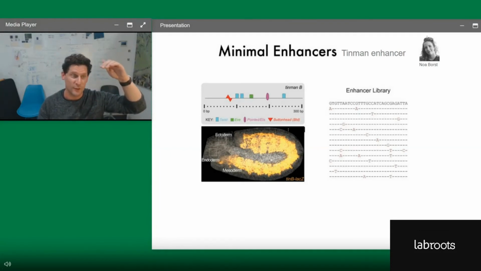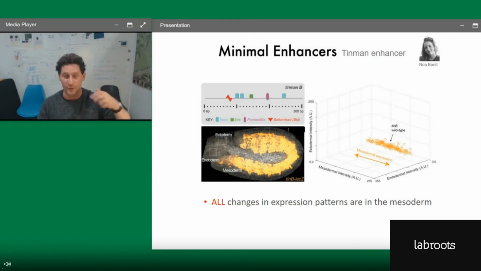So these are the zones where, again, this reporter gene drives expression in developing muscle types. And we think that we know quite a bit about this, many of these binding sites. But what we found, again, going through these similar enhancer libraries, is that if we mutated this, there were huge amounts of change of expression, right? So many, many sites outside these canonical motifs that were previously explored.